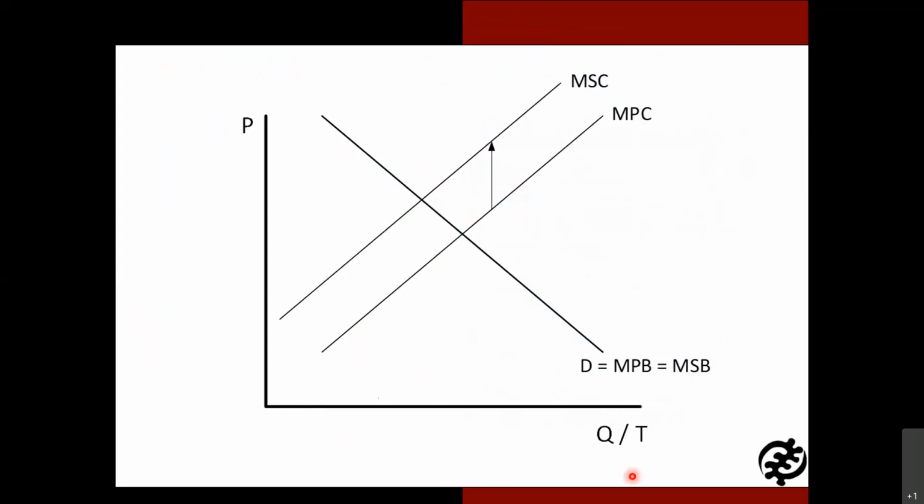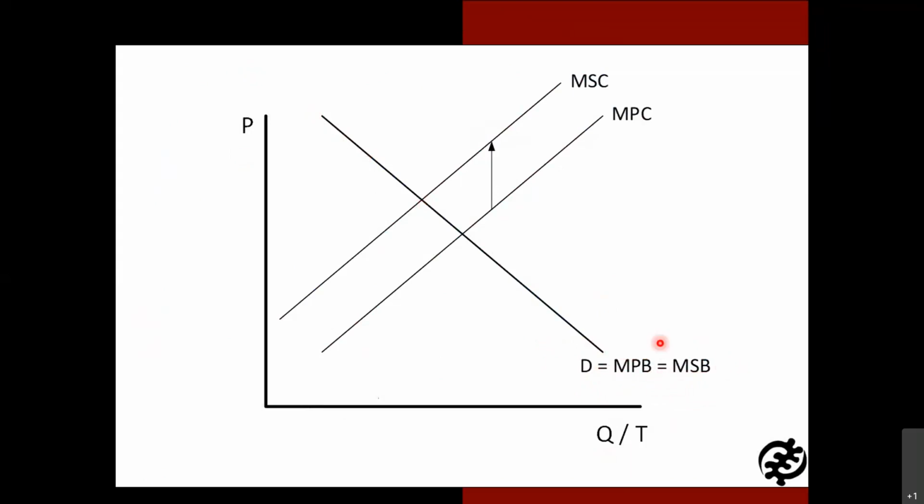Here's our quantity per unit of time on the x-axis, price on the y-axis. So this is the normal supply-demand relationship. Here's our demand curve. Demand equals marginal private benefit equals marginal social benefit. This nomenclature right here means there is no positive externality.